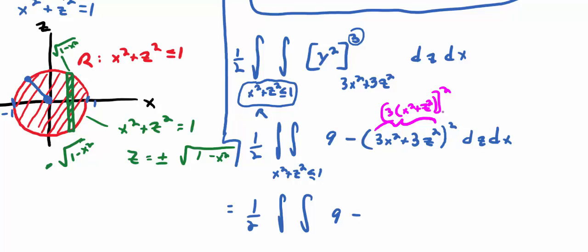So x squared plus z squared would be r squared, okay? There's no reason why you can't do it that way. So then what does this whole mess become? Well, you have to square the 3 that we factored out, right? So that's 9 times r squared, right?